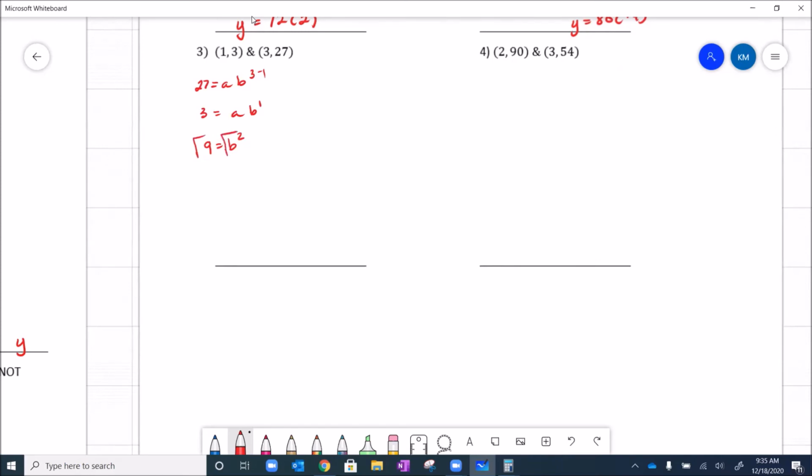I can take the square root. Remember, those are inverse operations. And so I find that b is 3. Now that I know that b is 3, I'm going to plug it in to this function and say 3 equals a times 3. Divide by 3, a equals 1. So y equals a times b to the x.